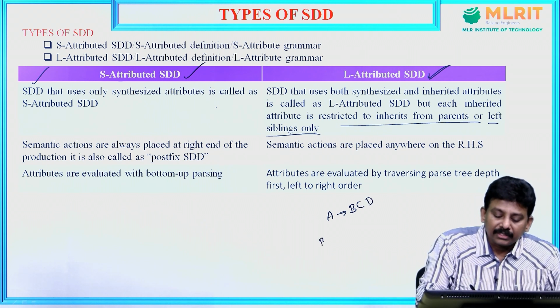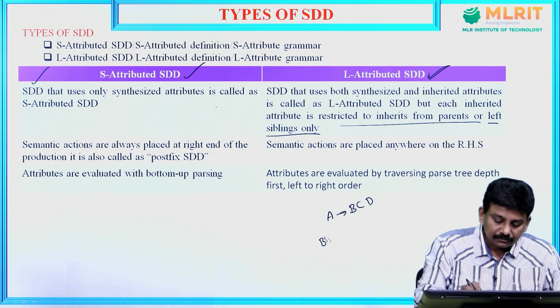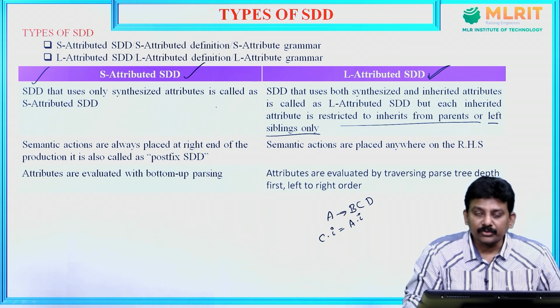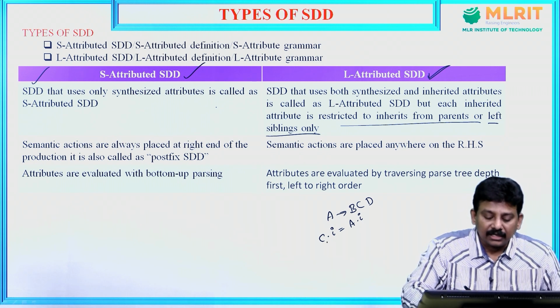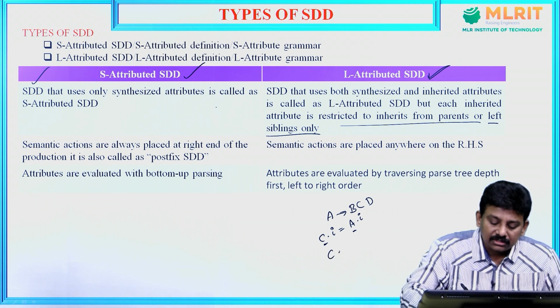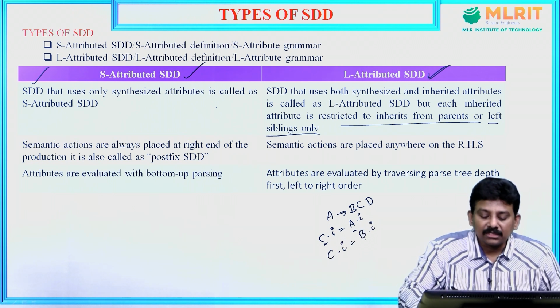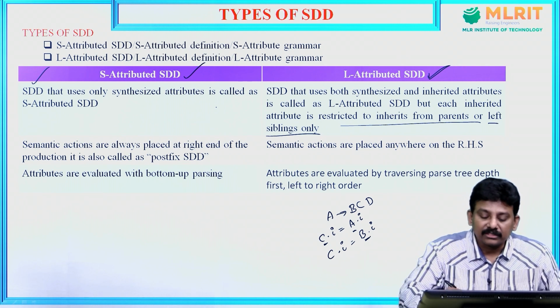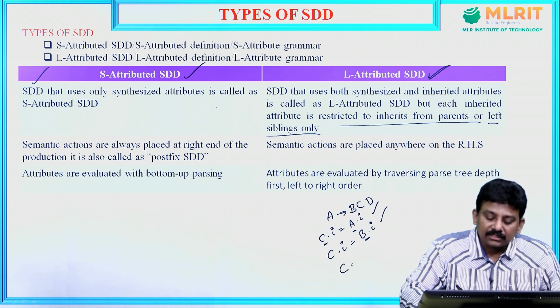For example, C.I equals A.I. It is L attributed SDD because the attribute value of C is evaluated by taking the value of the parent. Also C.I equals B.I. Here B is the left sibling of C, so C is getting value from the left sibling. These two are valid.